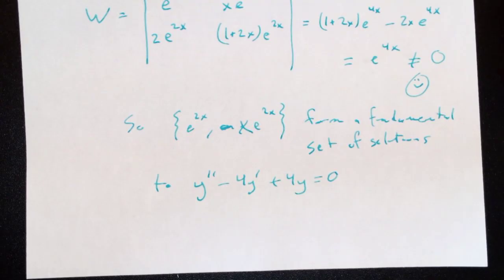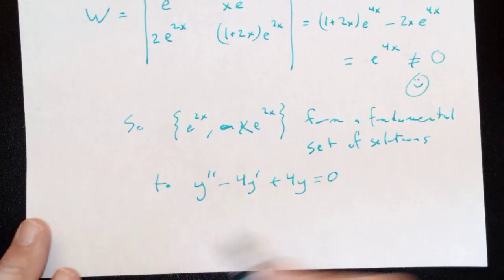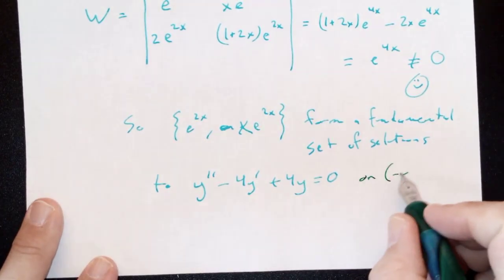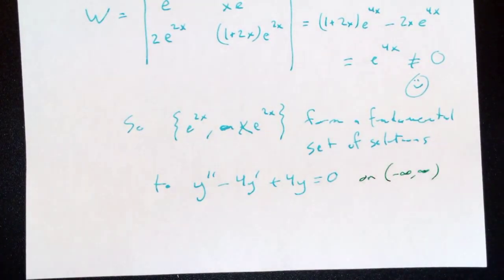In this case, u double prime equals 0. It was a really easy problem to solve, wasn't it? Once I fixed it with this trick. I forgot to say that every solution has an interval. In this case, the interval is minus infinity to infinity.